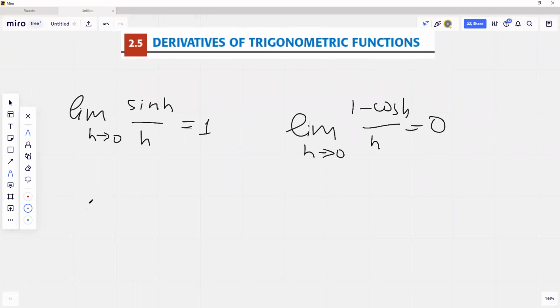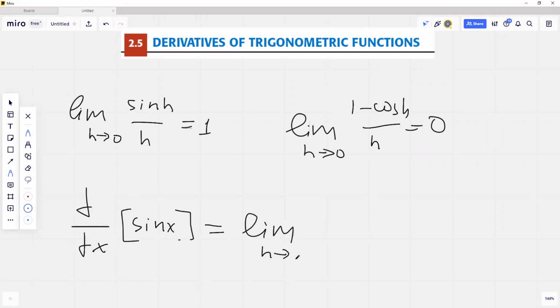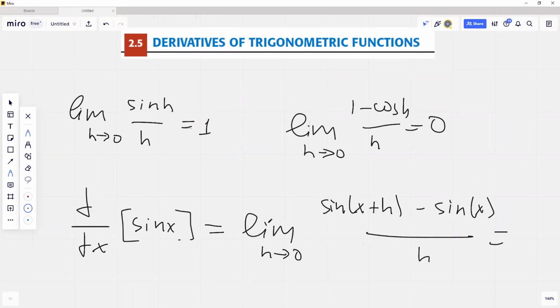First, let's start by showing the derivative of sine of x is cosine of x. Using the limit definition of derivative, this is equal to the limit when h is approaching 0 of sine of x plus h minus sine of x, divided by h.